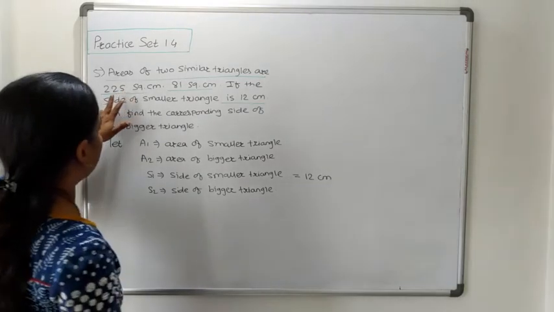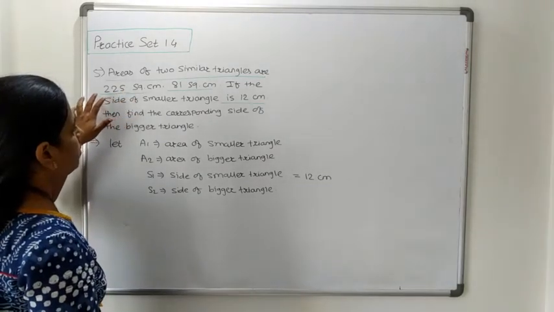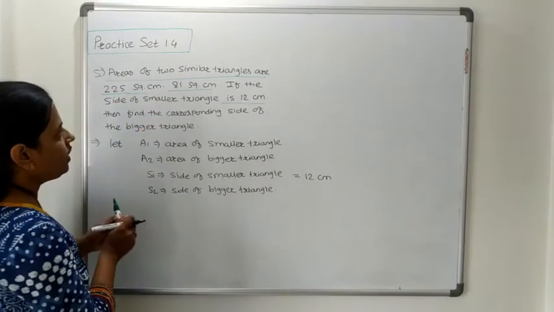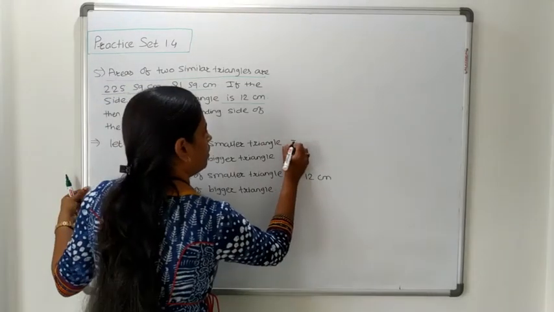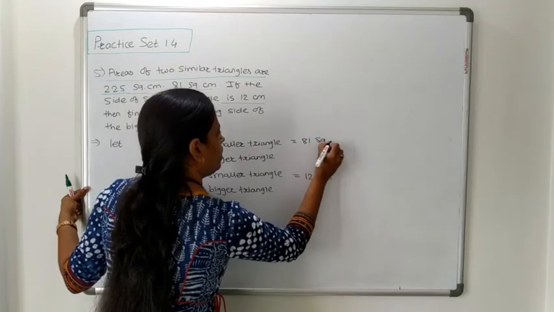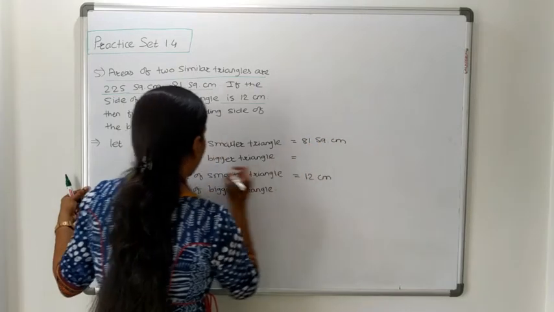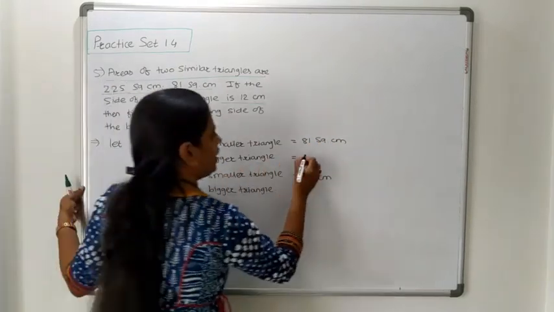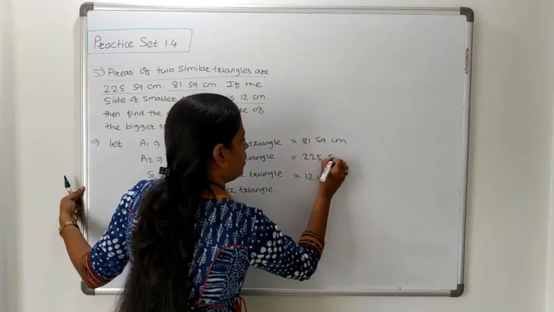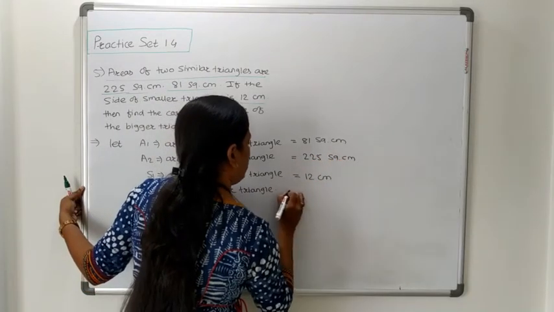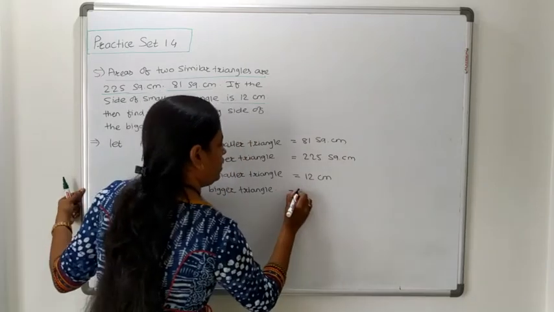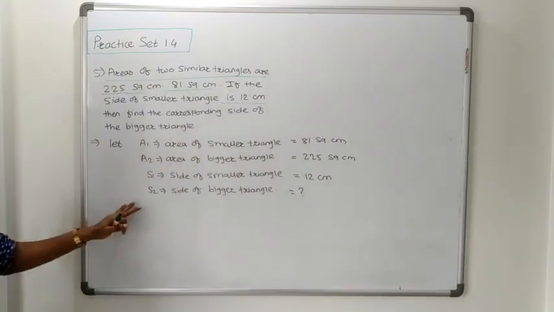The area of the smaller triangle is 81 square centimeter, and the area of the bigger triangle is 225 square centimeter, and we have to find out S2.